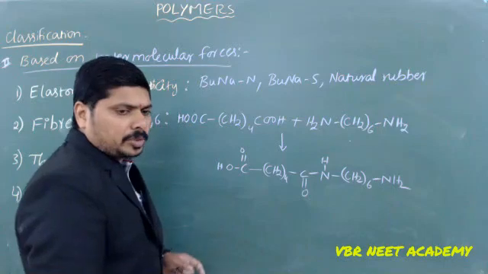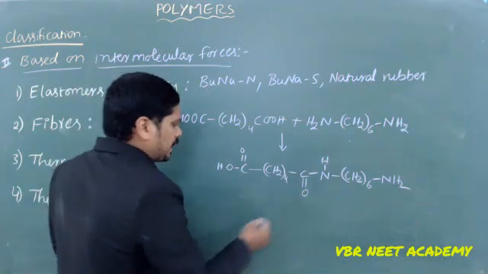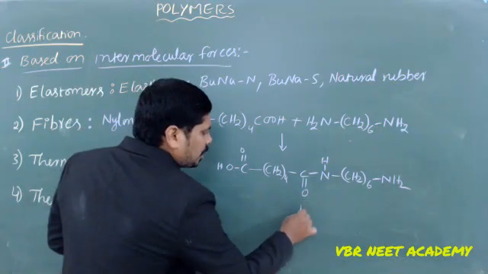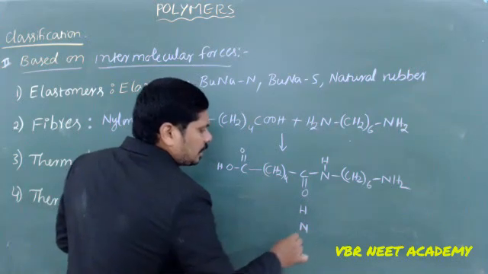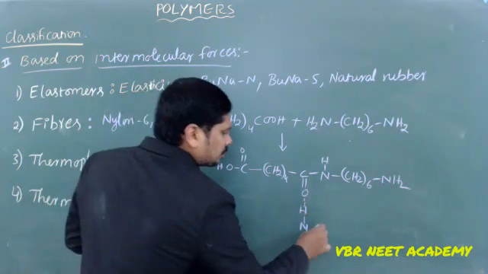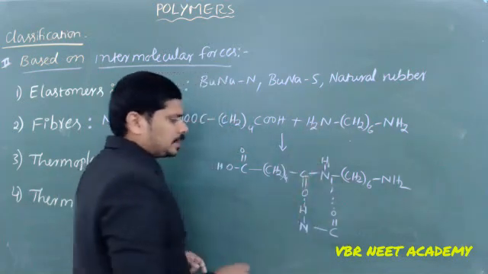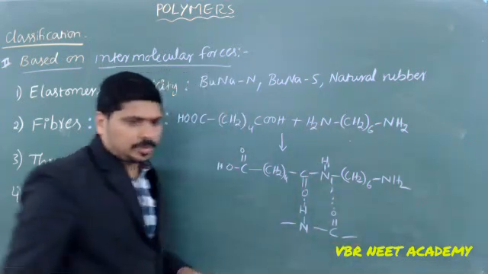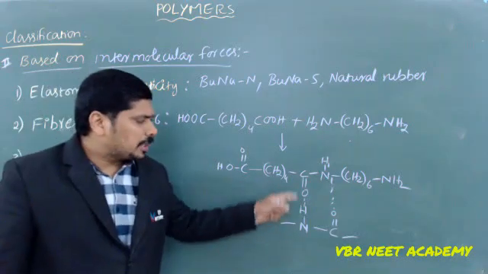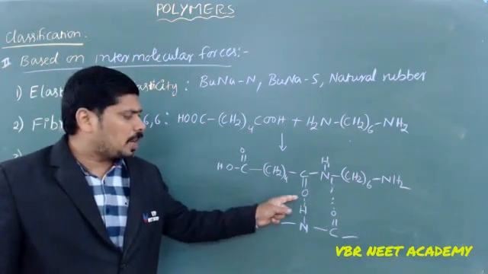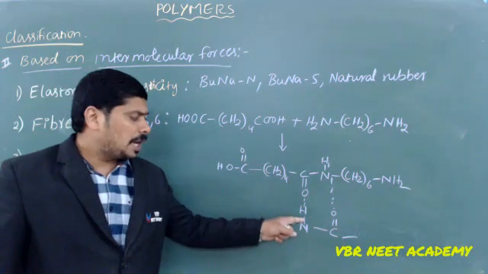Now, when we have one more chain, there is a possibility of getting it like this. It can form like this. So this is the extension we are going to have. There is a possibility of hydrogen bond between the O of one carbonyl group and the hydrogen of another one.